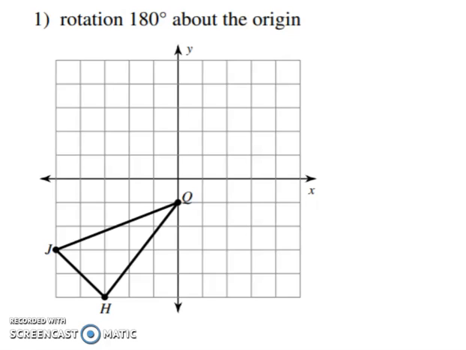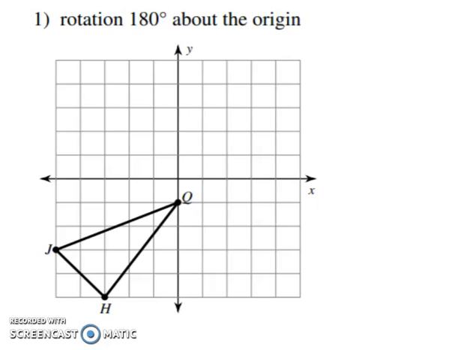So in this example, it asks us to do a rotation of 180 degrees about the origin. So again, when it says about the origin, that means we're going through 0, 0, and that's all the problems that we are going to be seeing at this level. So we aren't going to be choosing a random point to rotate around. It's always going to be at 0, 0 or the origin.